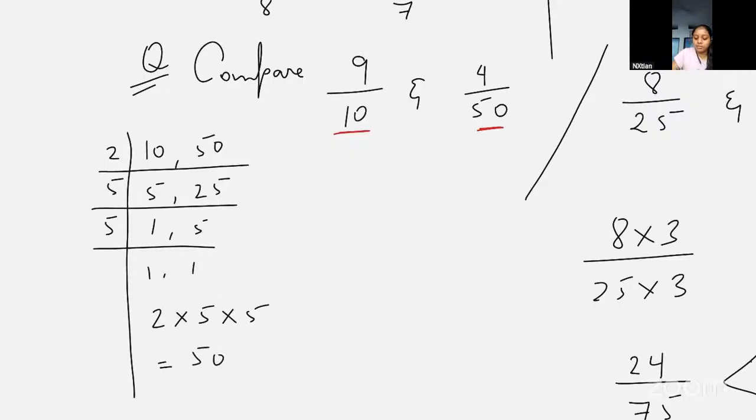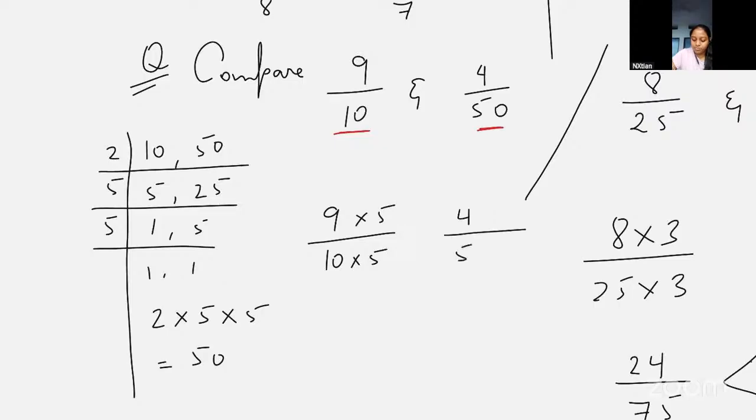Now in the table of 10, 50 comes how many times? 5 times, right? 10 5s are 50. So I will do 9 upon 10 into 5, because I'm multiplying 10 with 5, so 9 I will also multiply with 5. Now 4 upon 50 I will write.